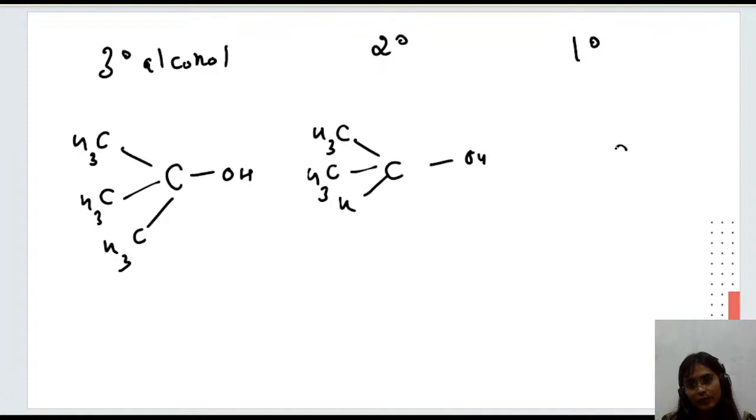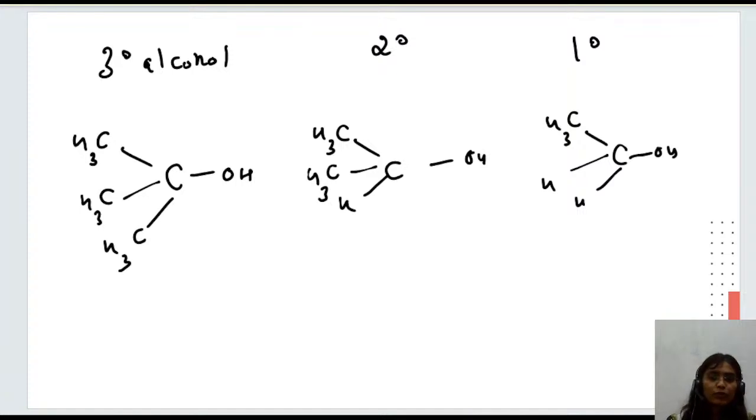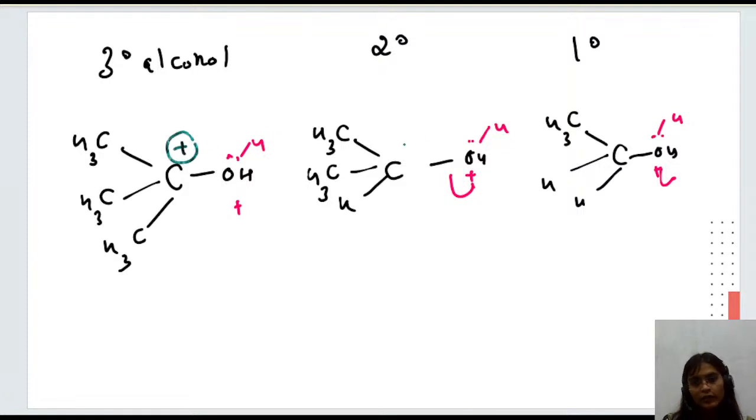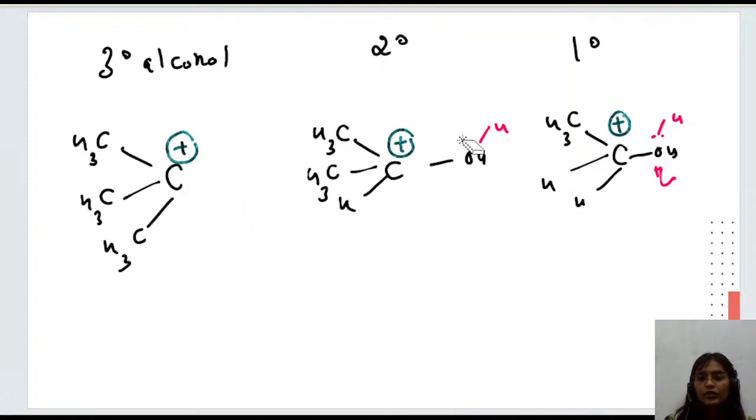And how about the primary? Okay, like this. In all three cases, that is a protonation simply. This one is going to leave, this one is going to leave, like this. So in this case, we're getting this carbon, this carbon, or this carbon. And now you will tell me which positive charge is more stable, Dashika.